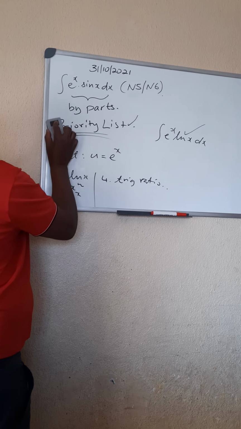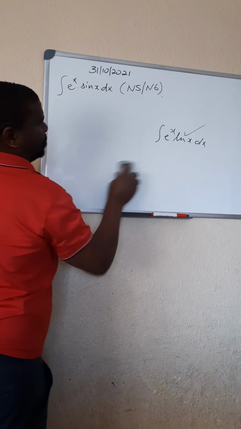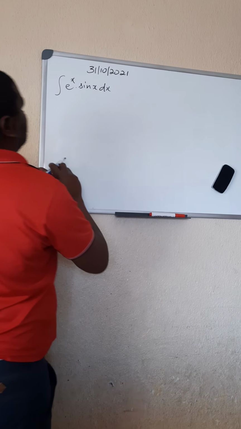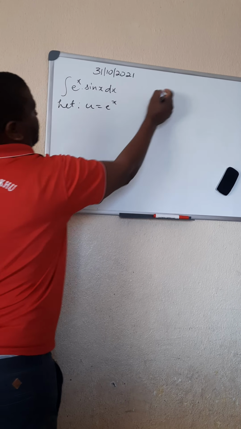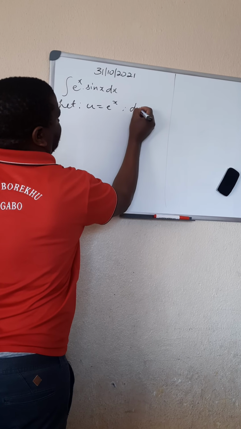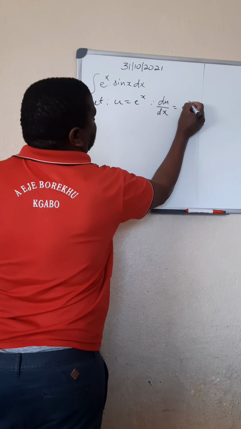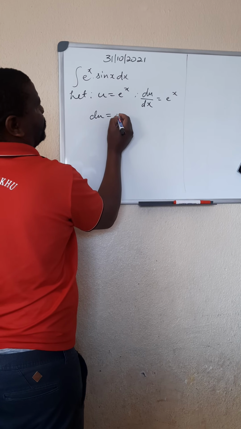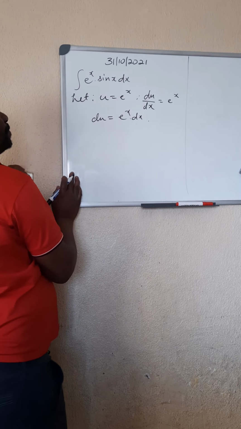So now let's go there and do this and determine this. Now we will say let u be e to the x. When u is that, then du over dx is e to the x, where du will be e to the x dx.